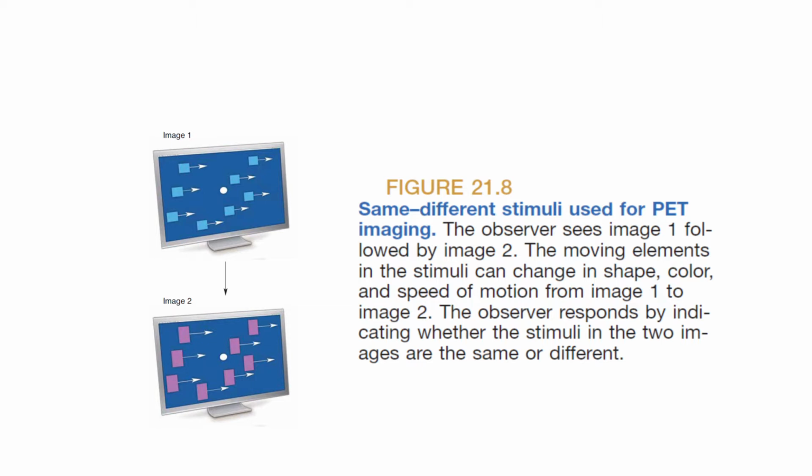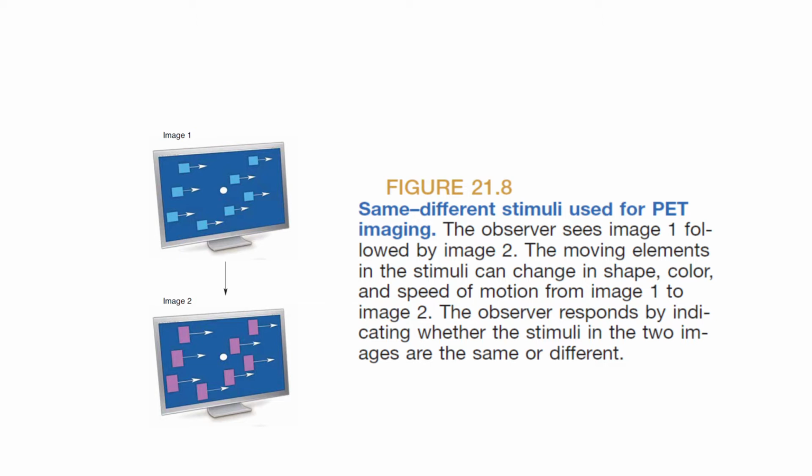So the experimenter is able to change any of these characteristics. They can change the shape, they can change the color of the stimuli, or they can change the way in which they move. And they will be asking the subjects to pay attention to either one of these characteristics or to all of them.